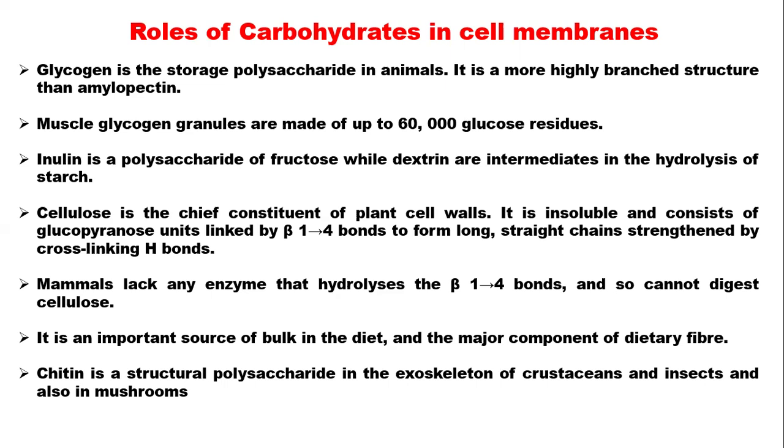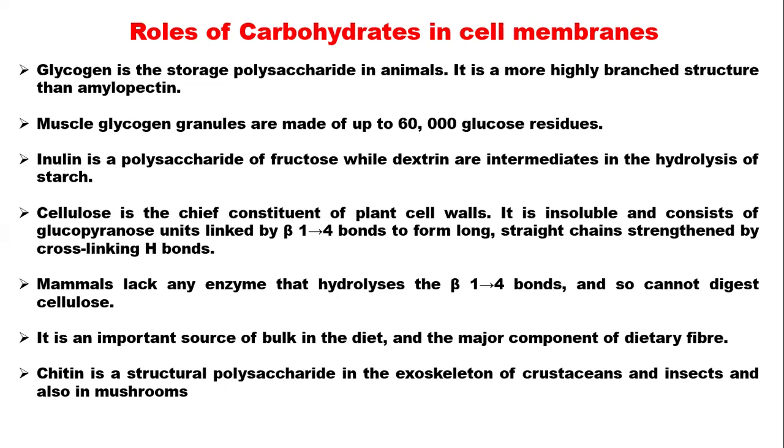There is also what we call cellulose. Cellulose is the chief constituent of the plant cell wall. It is found in the plant cell wall. It is insoluble and consists of glucopyranose units linked by beta-1,4 bonds to form long, straight chains strengthened by cross-linking hydrogen bonds.